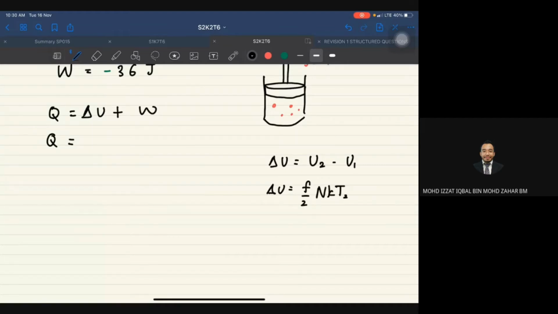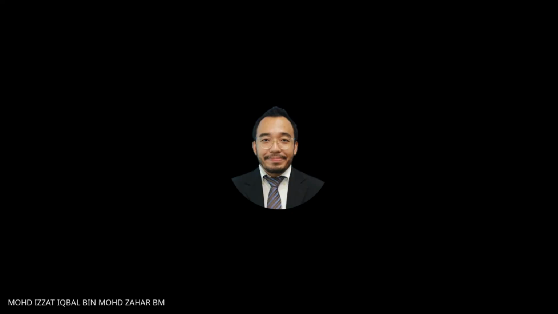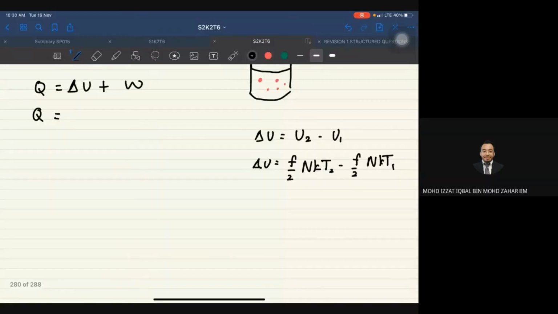So dia T2 lah. Minus F over 2 nKT, this one for T1. And K dengan F over 2 tu basically is a constant. Untuk satu type of gas dia ada sekali je lah. So nK, saya akan factorize T2 minus T1.